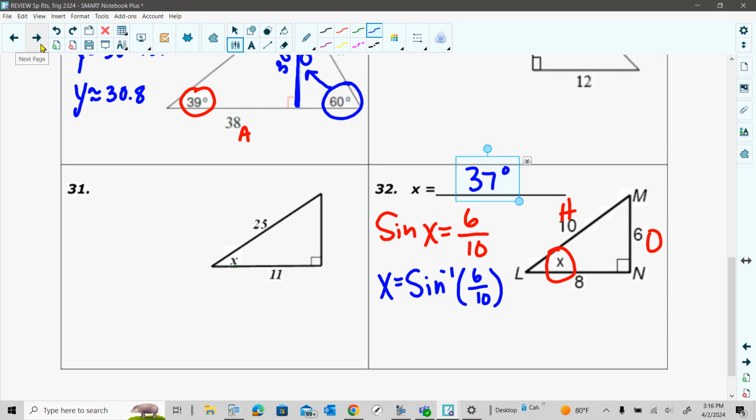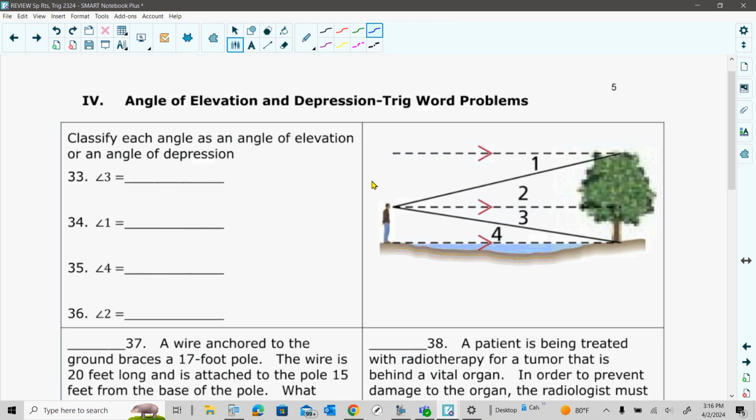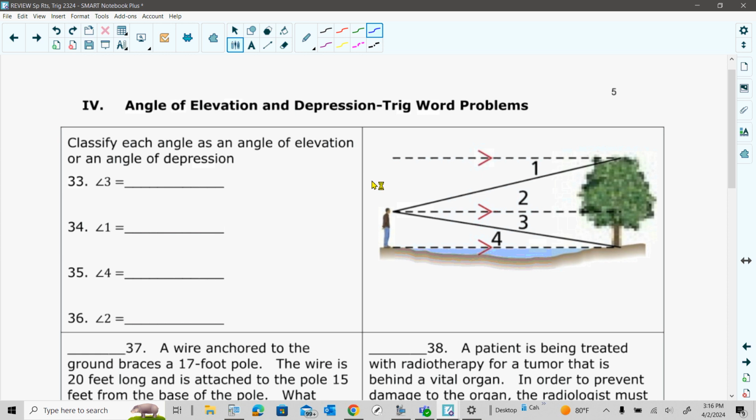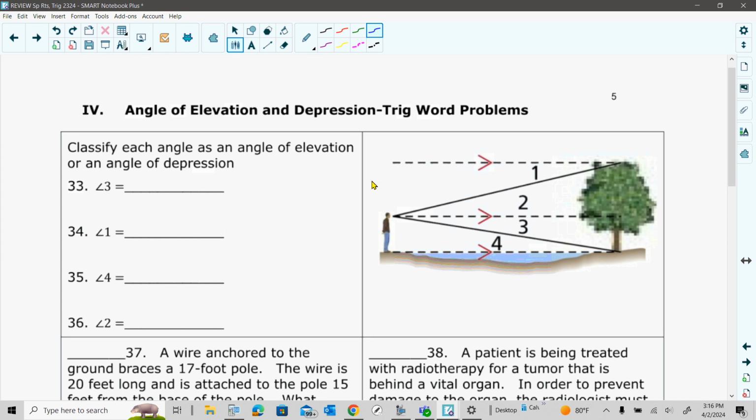All right, so then from giving you the triangle and you labeling the parts and choosing the trig function, we're going to ask you to understand angle of elevation and angle of depression. If it's elevation, both angles are formed with the horizontal line, but it's the angle above the horizontal line. I'm just going to abbreviate that horizontal line.